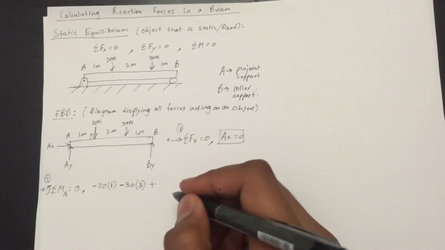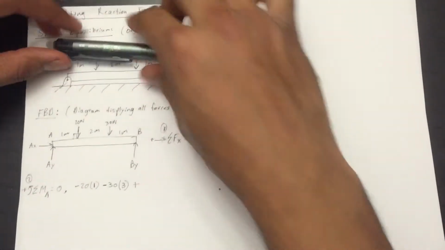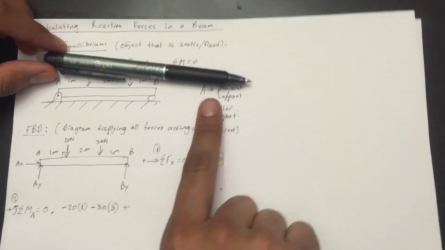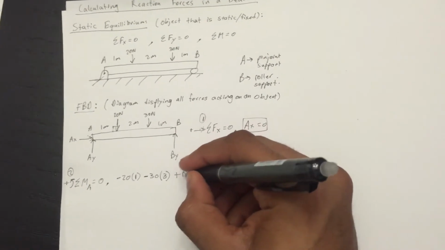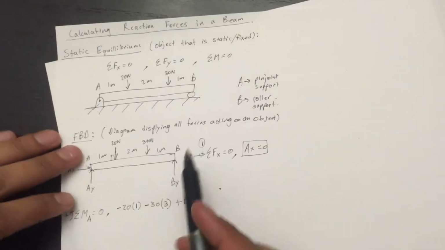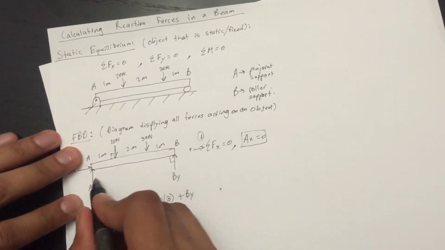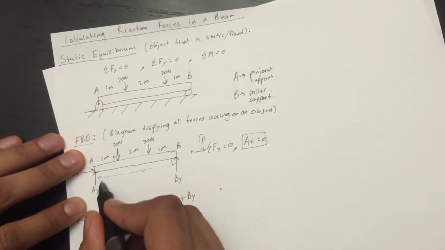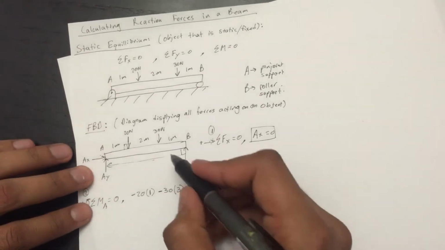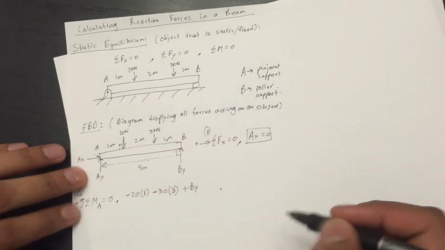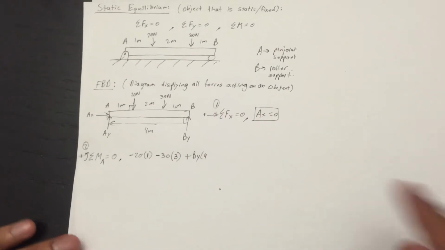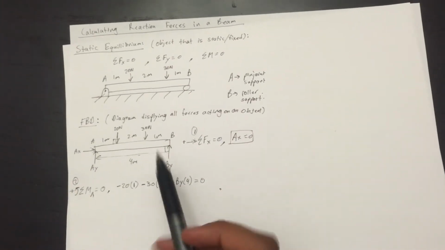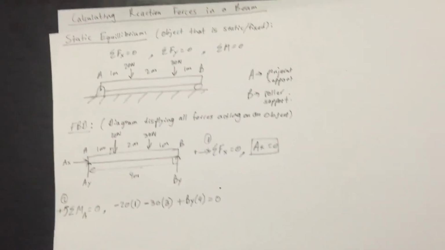And then we have positive reaction support BY going counterclockwise, that's why it's positive, BY multiplied by the total perpendicular distance to A. And this distance will be 4 meters. And this all equals 0 as per the static equilibrium equations.